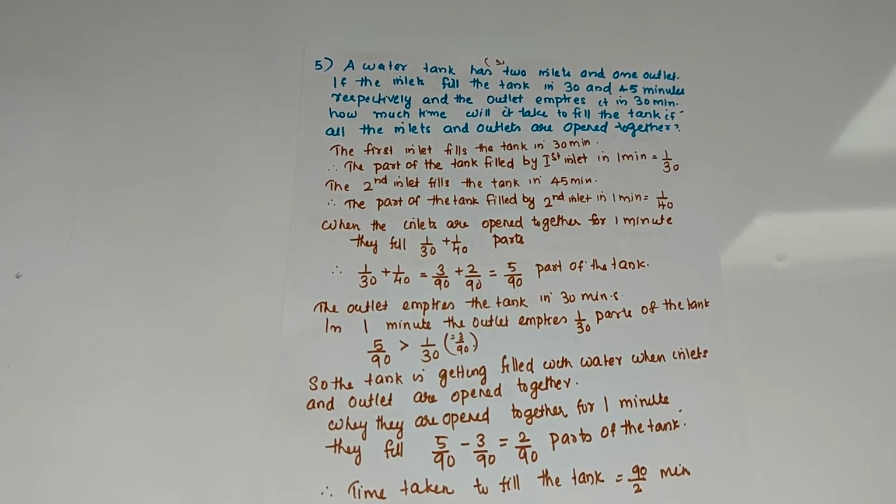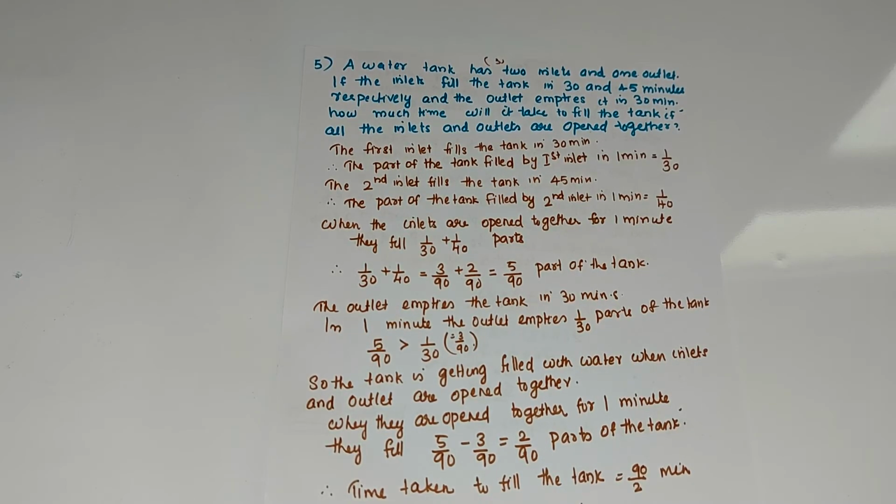One inlet takes 30 minutes to fill the tank, the second inlet takes 45 minutes to fill the tank, and the outlet empties the tank in 30 minutes. If all 3 of them are opened, how much time will it take to fill the tank?